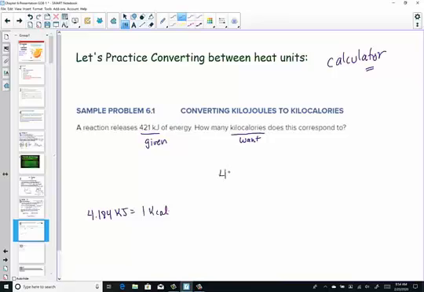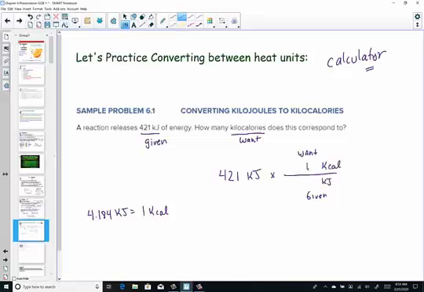So let's begin by writing what was given to us, 421 kJs. Now remember, our conversion, what is it that we want over given, so that our unit will cancel? We were given a kilojoule. I want to make sure it cancels, so it must go on the bottom. And I want to end with a kilocalorie, so it needs to go on the top. So we end with it.